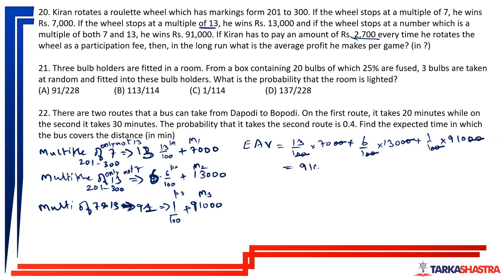13 sevens are 91, so 910. 13 sixes are 78, so 780, and this 910 is there already. So expected value that is earned is how much? 910 plus 910 is 1820. So for 13, there will be 6 transactions.